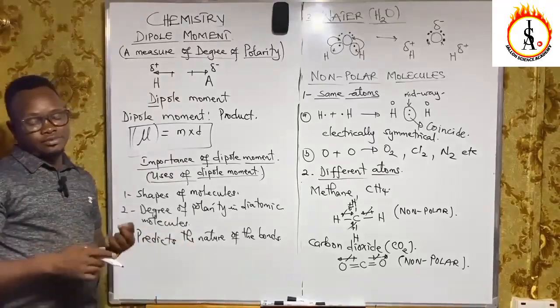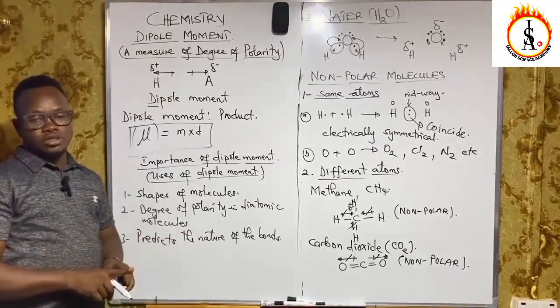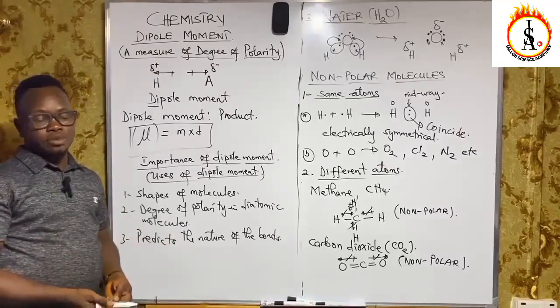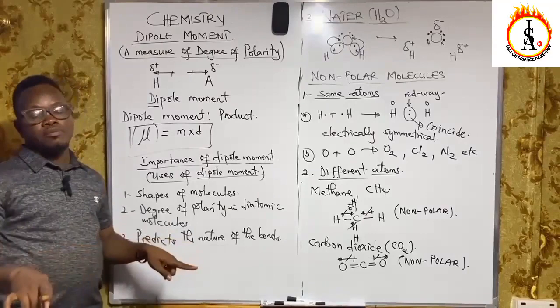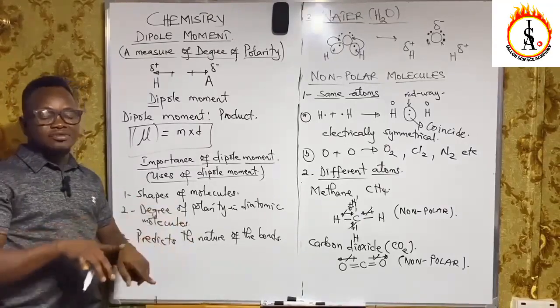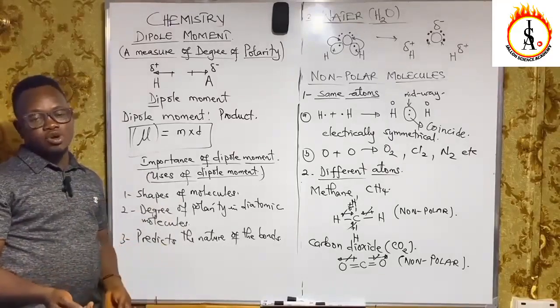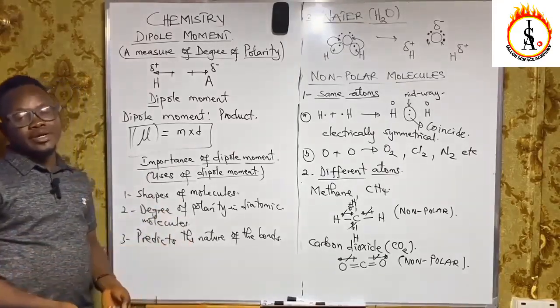And also, the greater the electronegativity difference in the bond, the more ionic the bond becomes. That is, the more polar it is. If the electronegativity difference is high, the bond becomes more ionic.